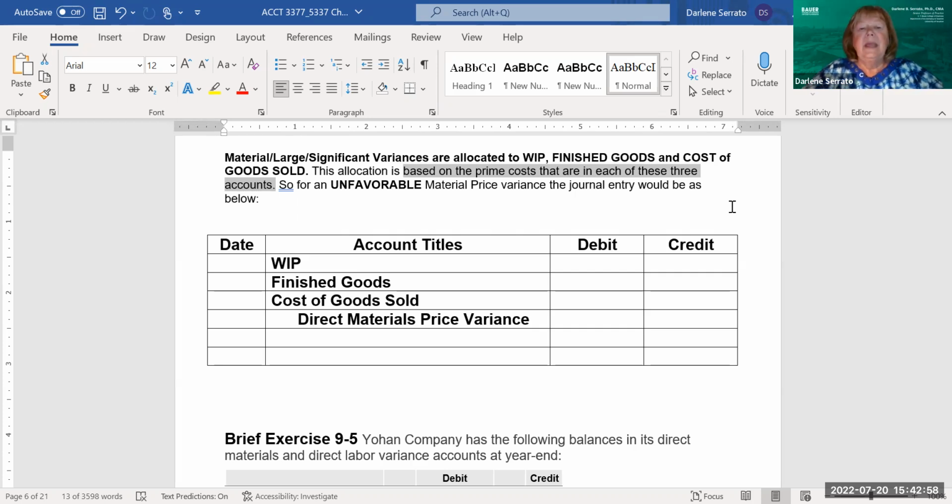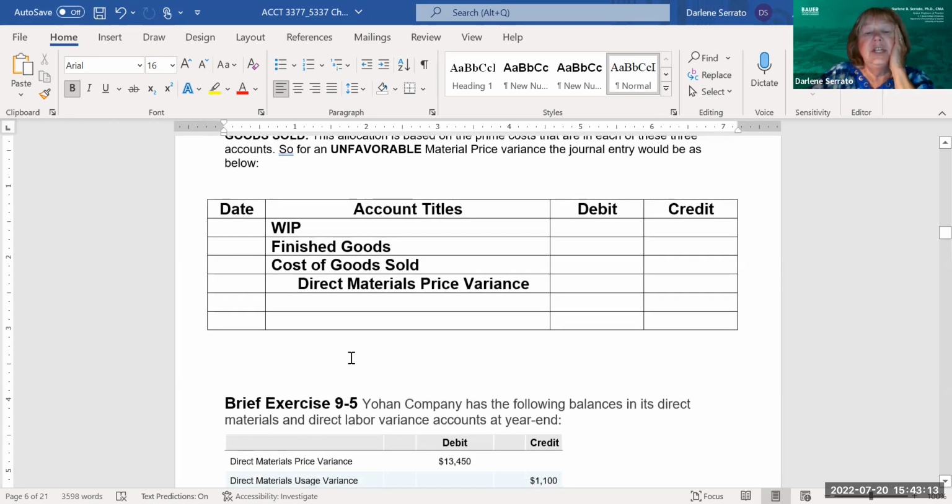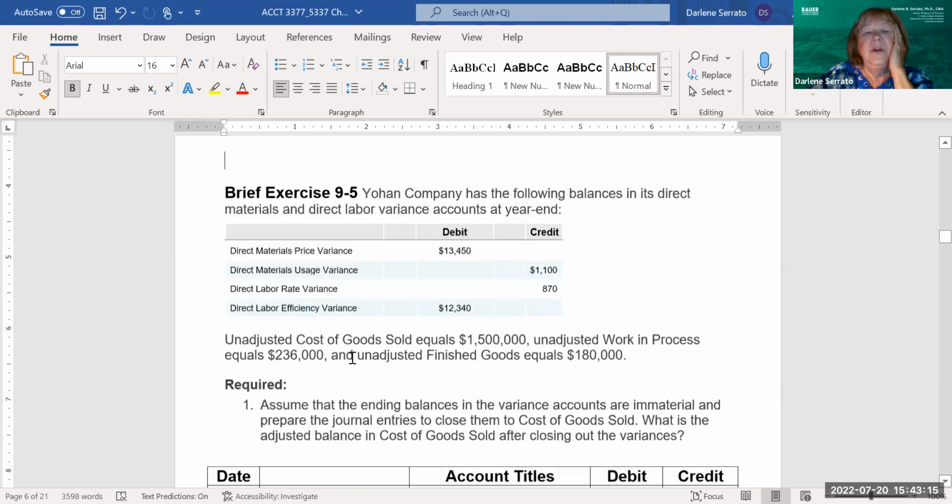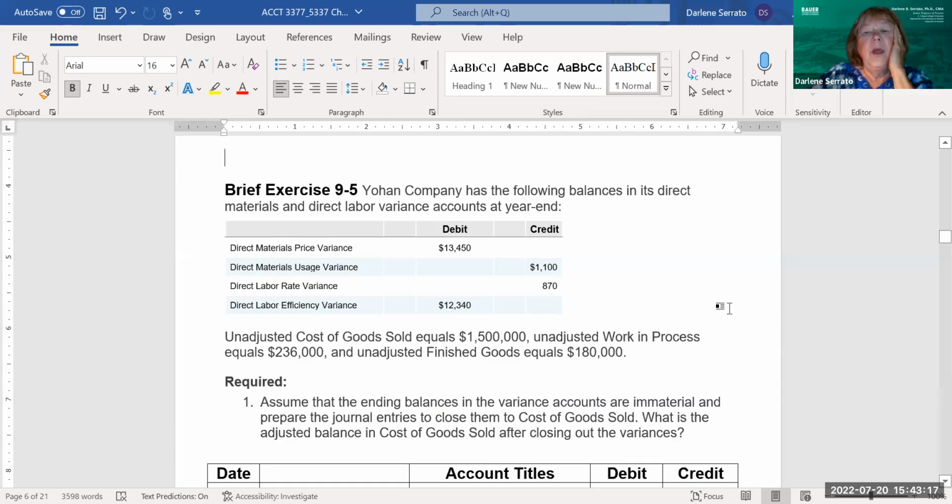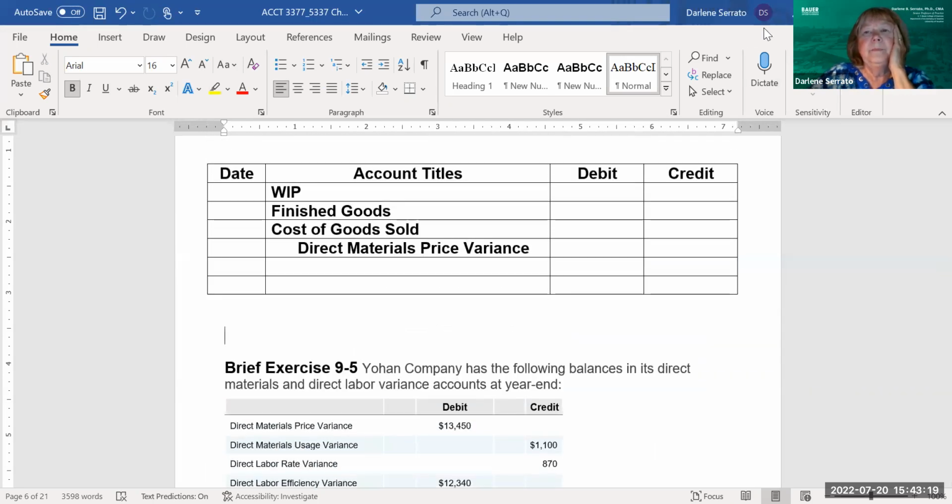So we will pick up from here on Monday. We have to do the overhead variances yet. The overhead variances are under a 4-way, 3-way, 2-way. So you need to pay attention to which way you were doing it.